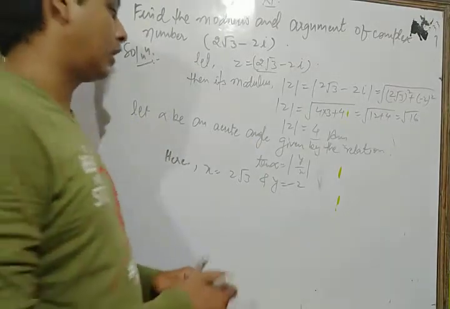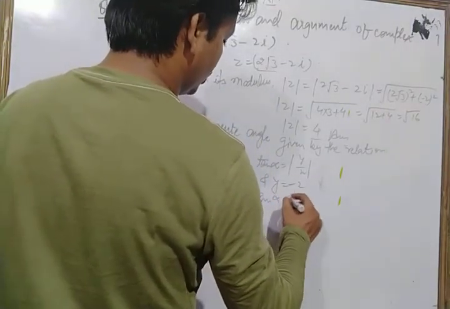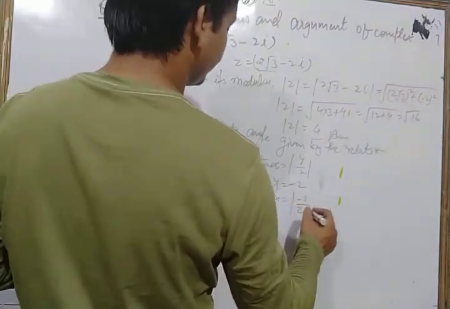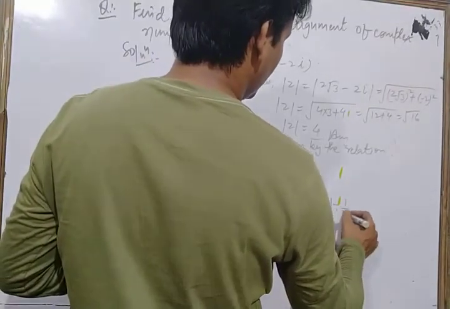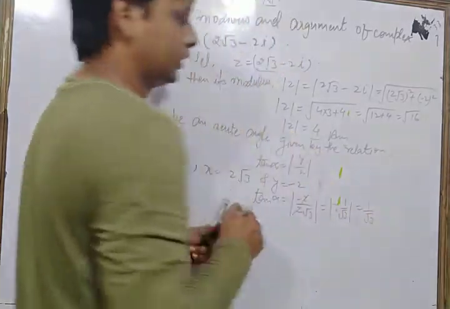So dear students, now the value of tan alpha is equal to mod of y, that is 2, upon x, that is 2 root 3. The 2 cancels out, so we get 1 upon root 3.